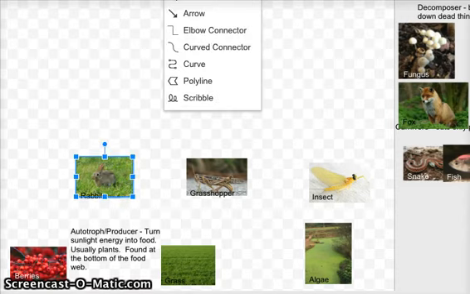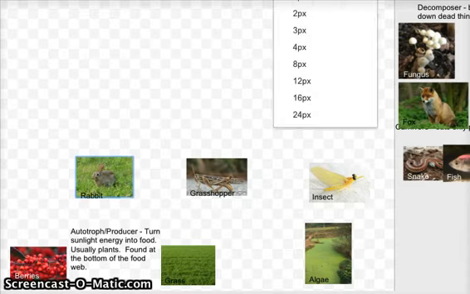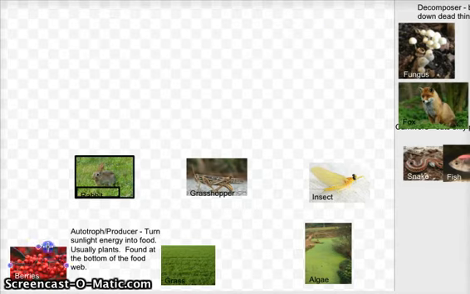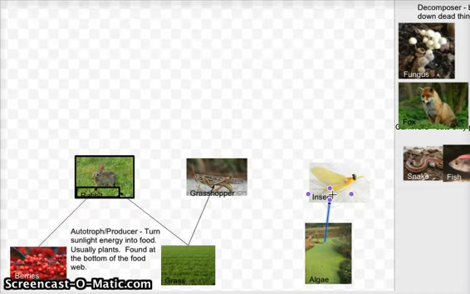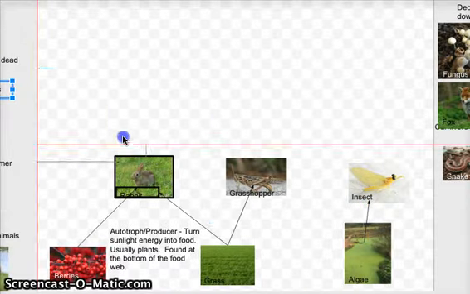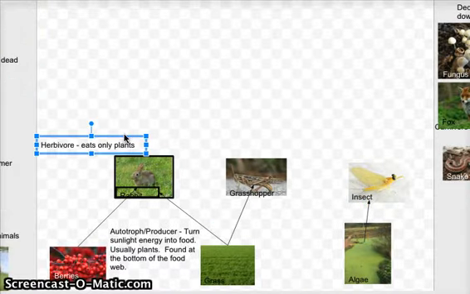A herbivore will be seen on here as having lines going only from the grass to them. The definition of a herbivore is that it only eats plants. So the rabbit, grasshopper, and insect only eat plants, so they only have arrows coming from the plants.